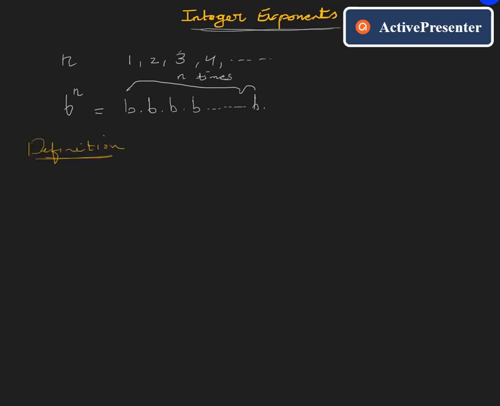Okay? Definition. For any non-zero real number b, b to the power 0 is equal to 1.